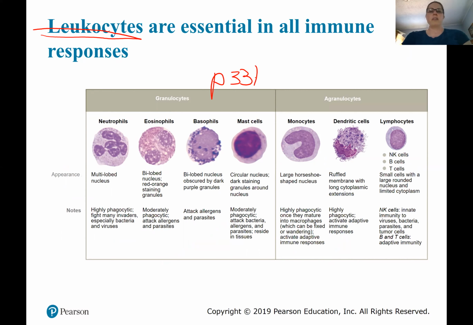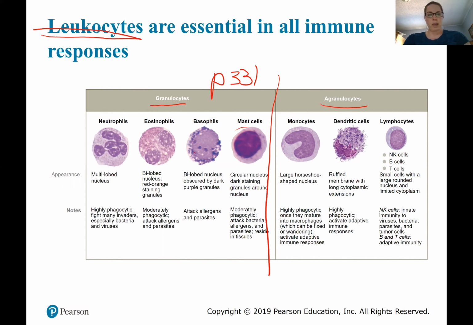These are the different types of white blood cells, and they're divided into two categories, granulocytes and agranulocytes. If you think of granulated sugar or table sugar versus, say, powdered sugar. Table sugar, granulated sugar is grainy, right? These are all microscopic views, and this is really clear, the mast cells, but they look very grainy.